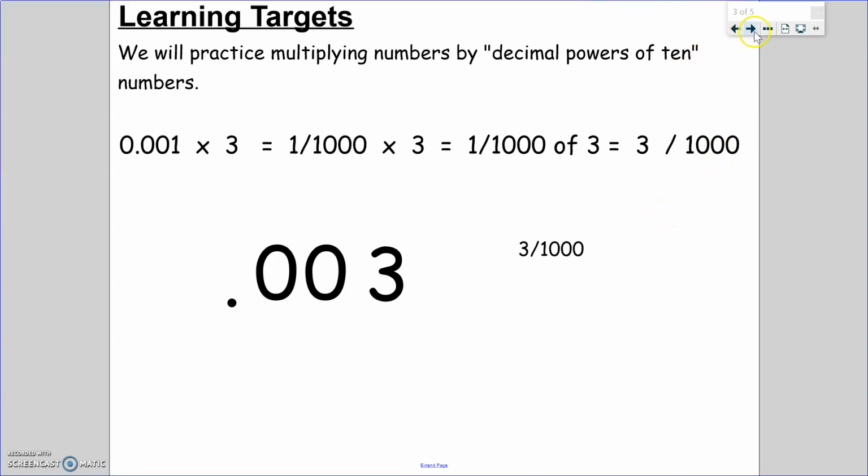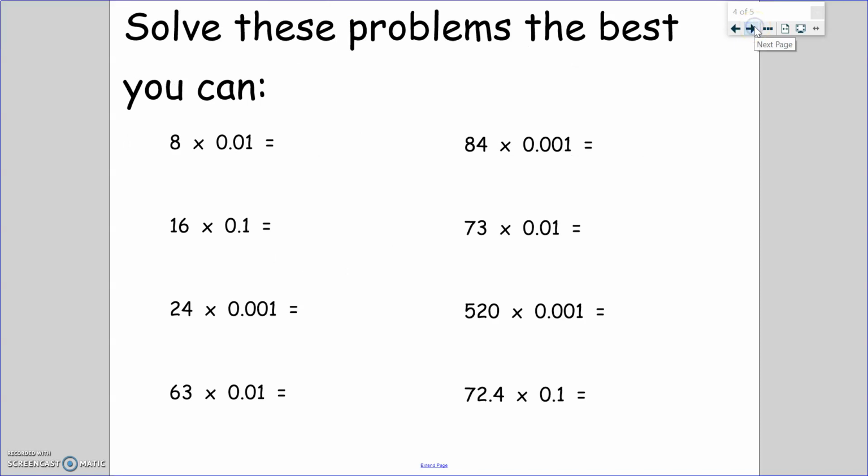So here's what I want you guys to do. This is an additional lesson that I created, which means I don't have any workbook pages for you guys to do. How lucky, how sweet, right? But I did create just 8 multiplication problems. All of these problems, guys, are taking a number and multiplying it by a decimal power of 10. And I think you guys can see that.